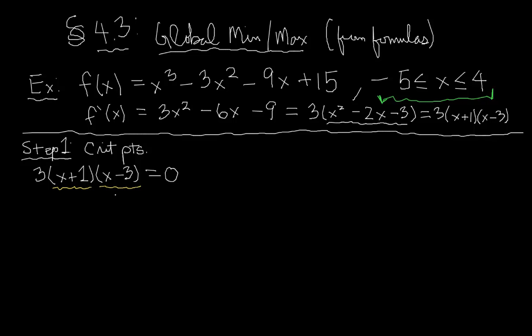Either 3 equals 0, which is not possible, or x plus 1 equals 0, in which case x is -1, or x minus 3 equals 0, in which case x equals 3. So here are our candidates for critical points.